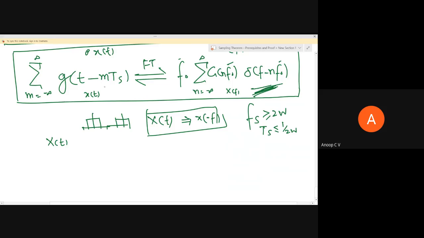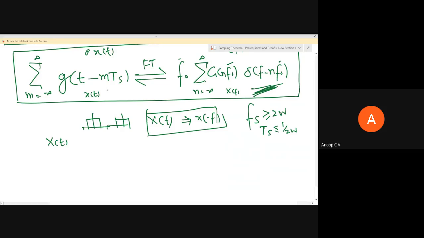Here x of t is a periodic signal with the pulse corresponding to one period being g of t. Don't confuse this with the g of t we have used here. This is a standard result obtained in the last session. Those who watched the video will be able to appreciate this. Otherwise, please do watch that video before you continue. If you find it difficult, you can go back and revisit it.